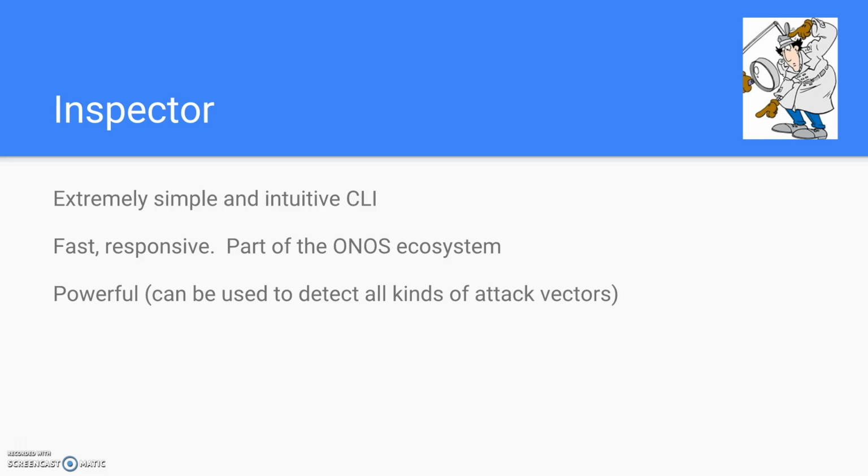It uses what's already available at its disposal. For example, being able to intercept packets, ONOS is already doing that, and leveraging the existing power. And this is actually potentially very powerful. It can be used to detect all kinds of attack vectors, all kinds of intrusions, which we'll see in a minute.